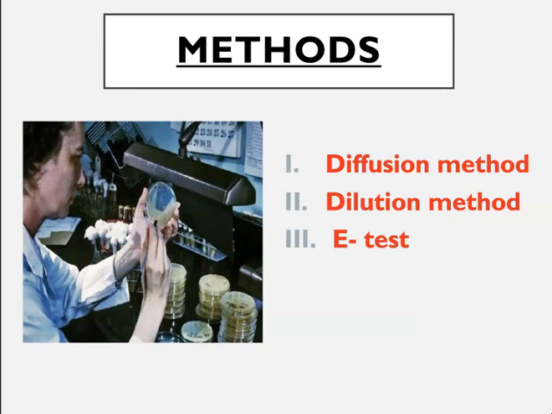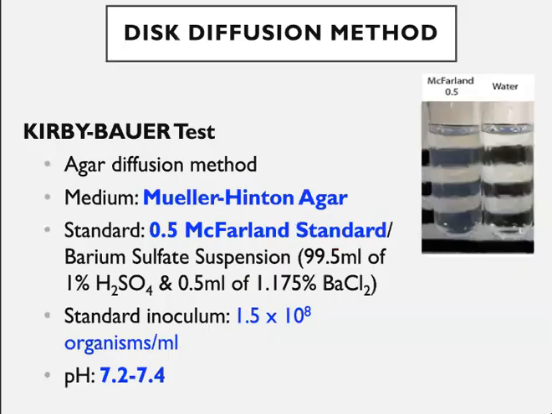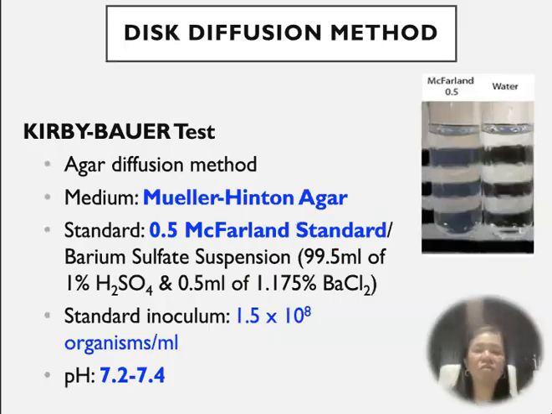For e-test, we can actually get the MIC. So let's start with the diffusion method. It simply means that we will allow antibiotics in a disc to diffuse into the culture media and observe the reaction of the organisms towards it. One common method under the disc diffusion is the Kirby-Bauer technique.